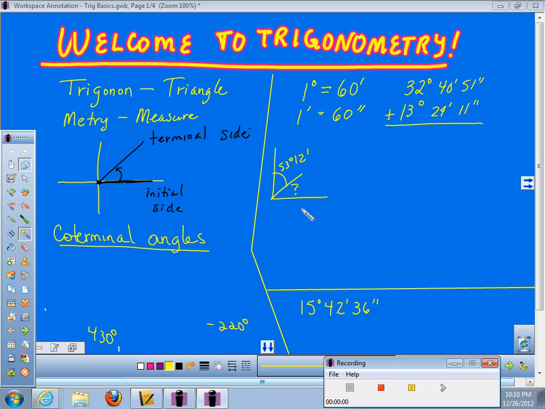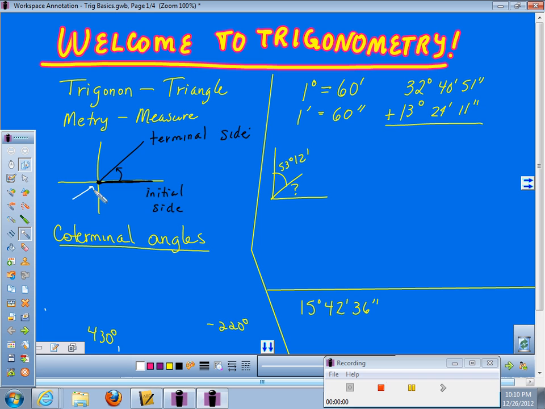As you can see from this diagram, we always put the vertex of an angle at the origin, and we always put the initial side of the angle, the side where the angle starts, on the positive x-axis. Then the angle moves around from there.